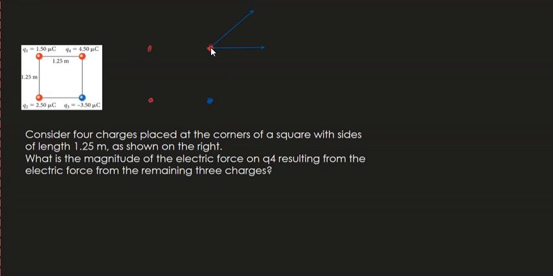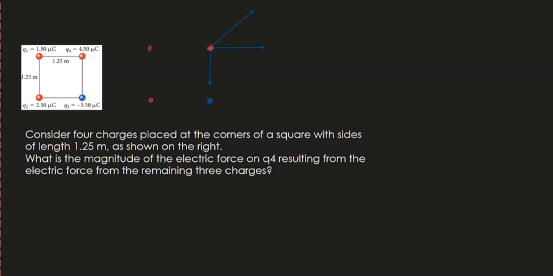But this time, since our charge is negative, it will not go straight but will go back towards the direction of Q3. So take note, this is a repulsive force, and this is your attractive force. They have the same sign, or opposite sign.